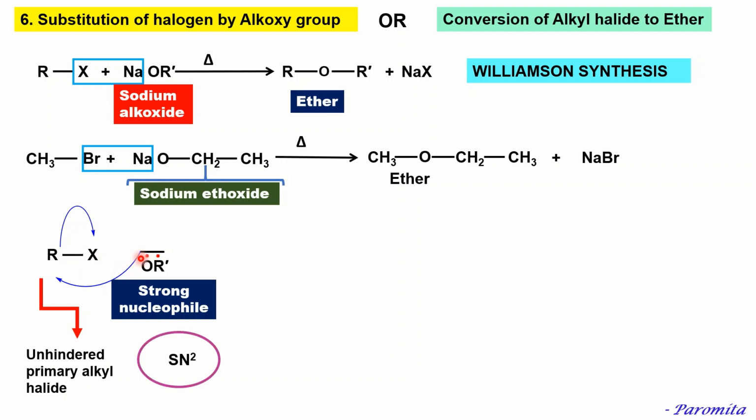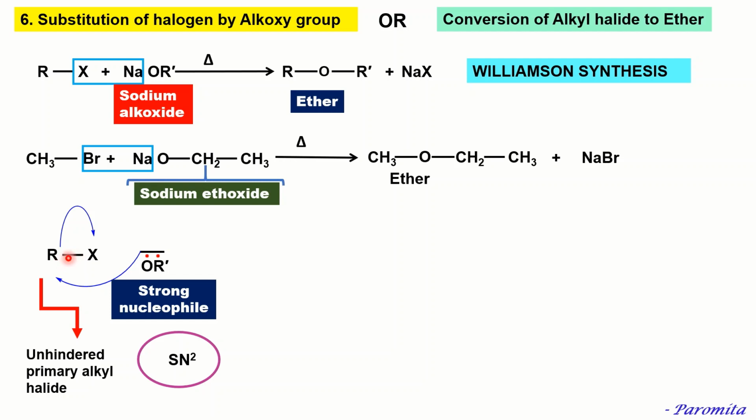Now, this attack of OR minus to R and the R-X bond breaking will take place simultaneously. That means bond making and bond breaking will take place simultaneously. This happens in SN2 mechanism. We refer to SN2 mechanism as a concerted mechanism.